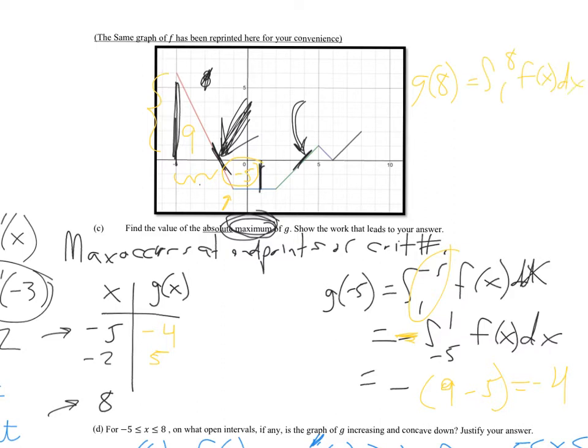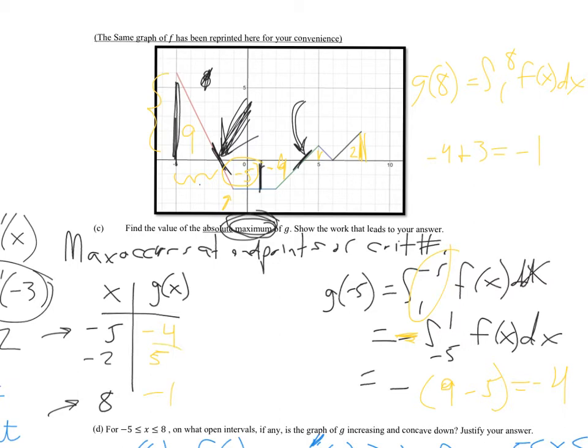And the integral from 1 to 8, I'd have to calculate. Let's see, this is 1, 2, 3. This is -4. This is +1. And this would be +2. So that would be -4 plus 3. That's a total area of -1.